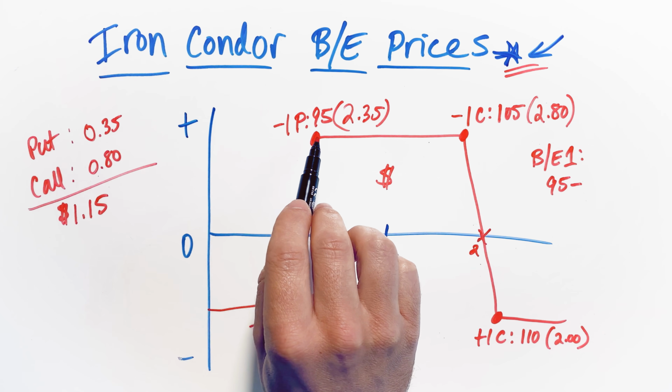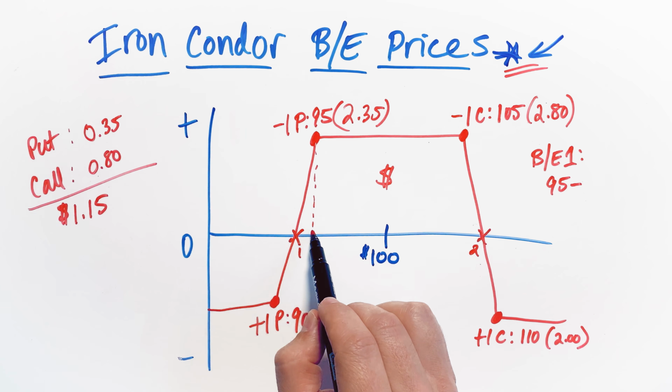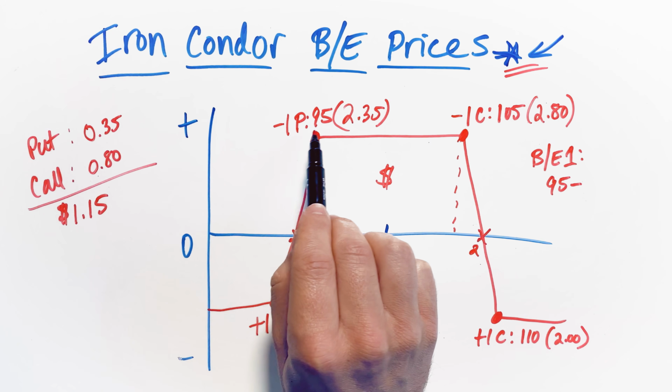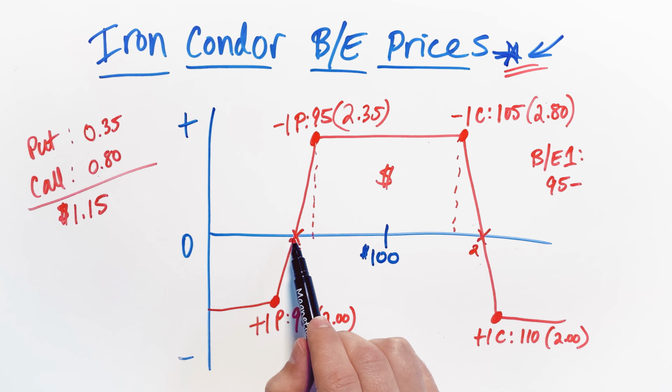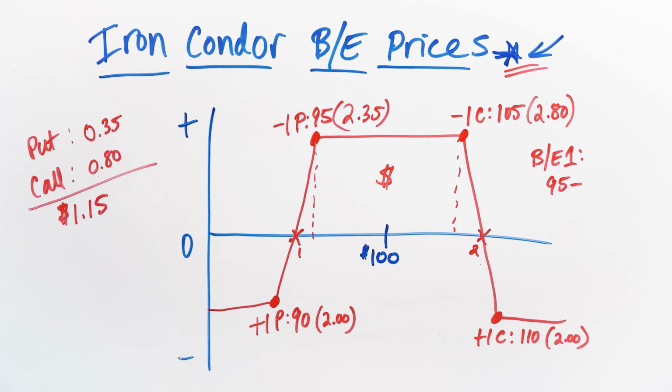This is the way I always think about it: in order to get to the break-even point, which is further out on the payoff diagram, you have to subtract and go backwards down the payoff diagram.